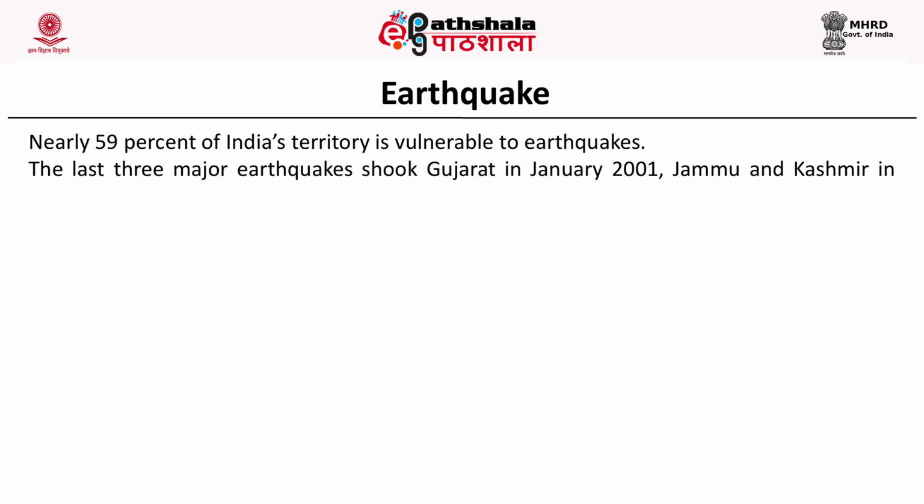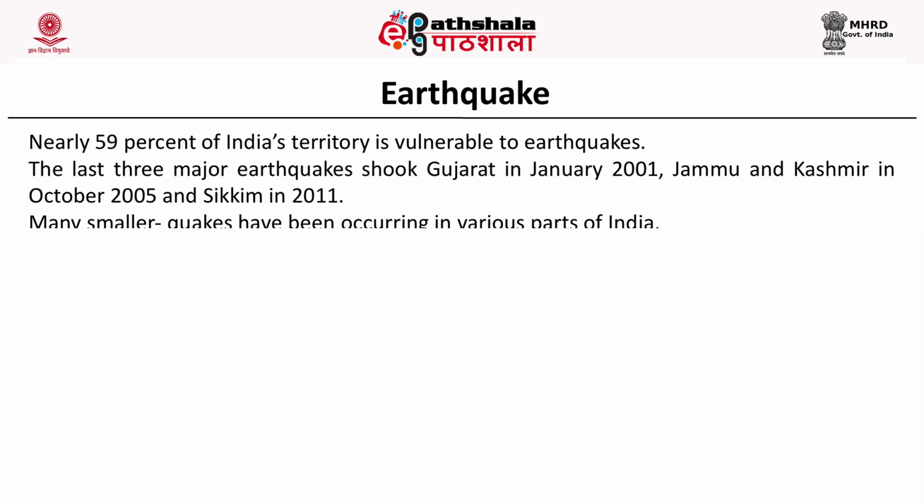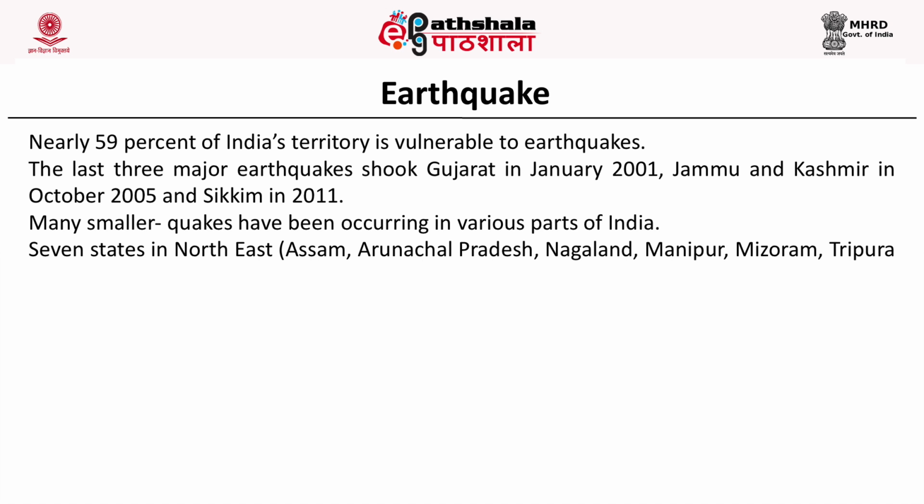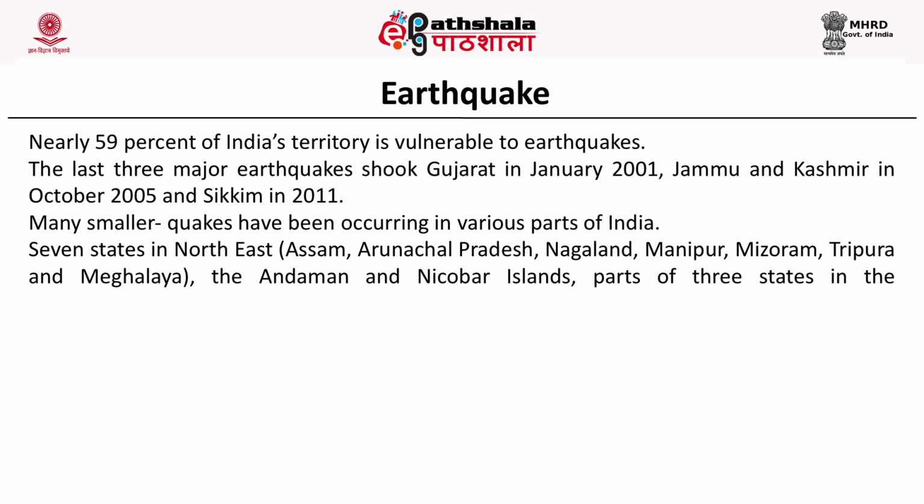The last three major earthquakes shook Gujarat in January 2001, Jammu and Kashmir in October 2005 and Sikkim in 2011. Many smaller earthquakes have been occurring in various parts of India.